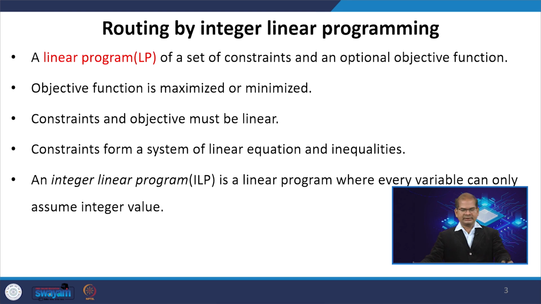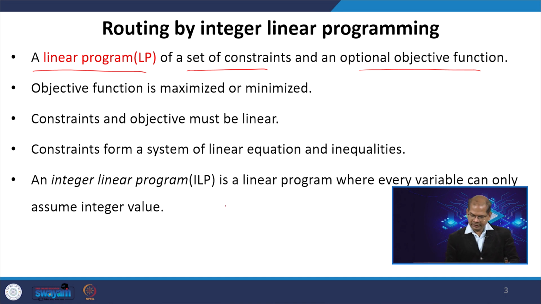In this case, we are basically finding a linear program for a set of constraints and an objective function. If you have any kind of optimization algorithm, you have two things: one is the objective function, and the second is a set of constraints.